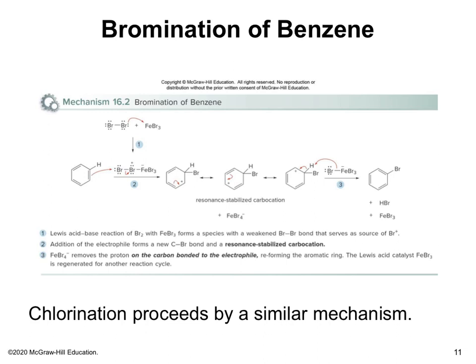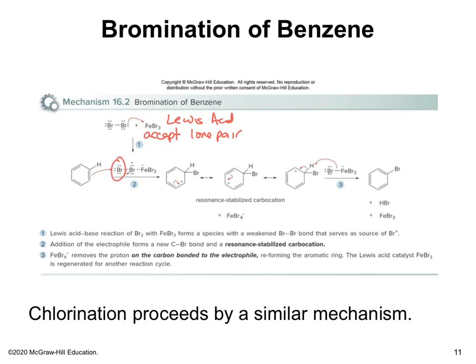This is a Lewis acid, meaning Lewis acids will accept a lone pair. And so this Lewis acid will accept a lone pair from the bromine to make this complex.